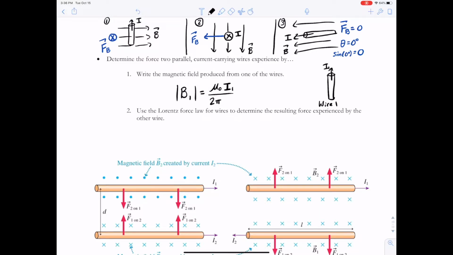And I'm going to actually write d here, and we'll see why in a minute, but d is just the distance away from the wire. And remember, we will derive this equation later on. For now, we'll just take it as a known fact that that's the magnitude of the magnetic field created by one wire.